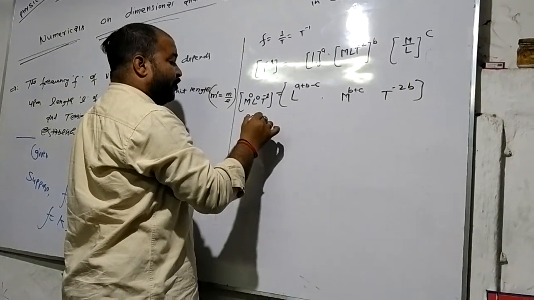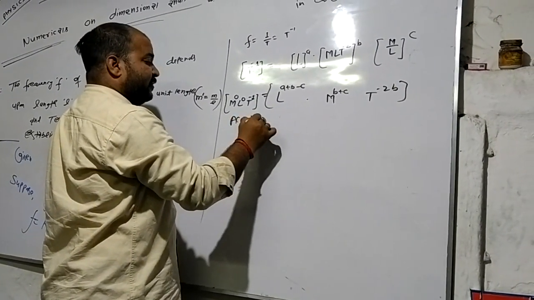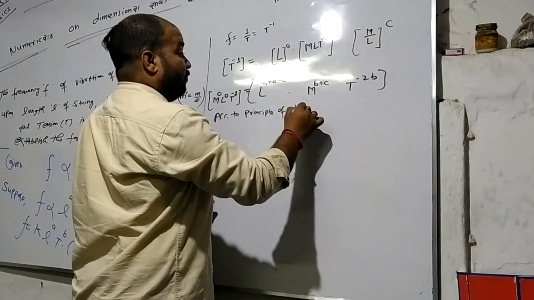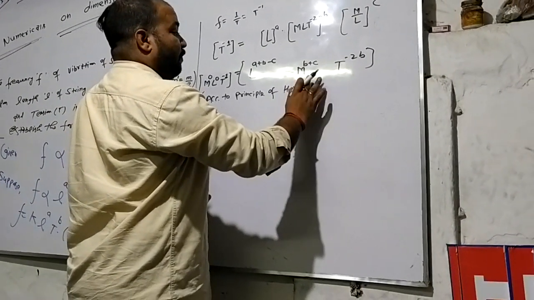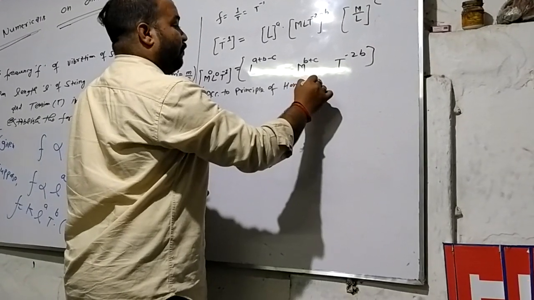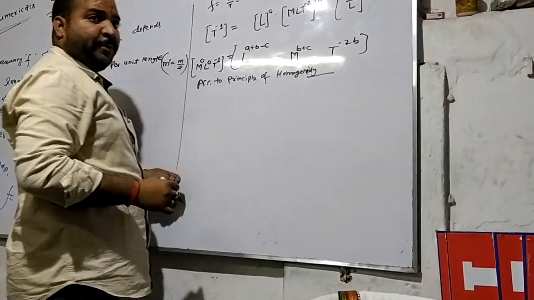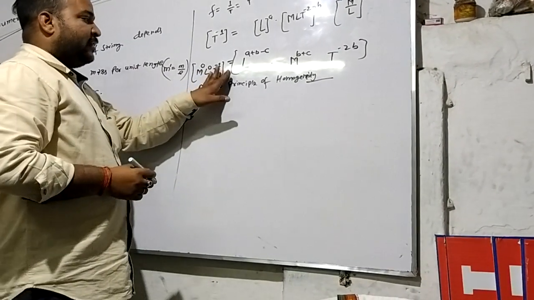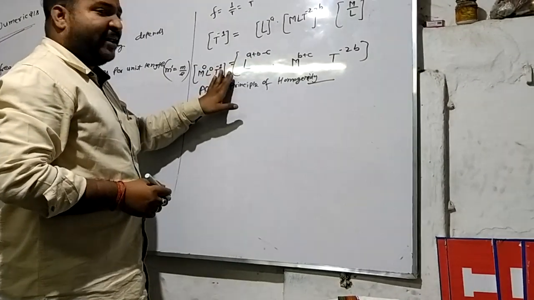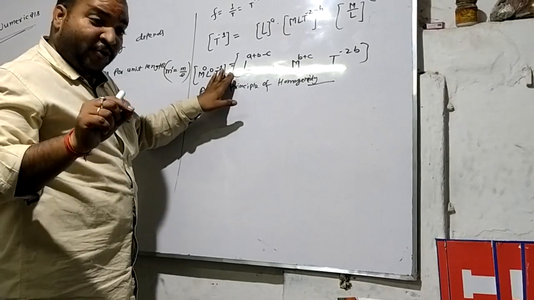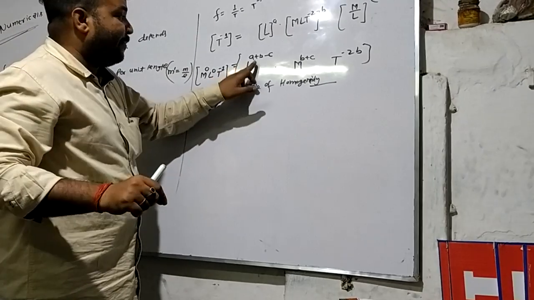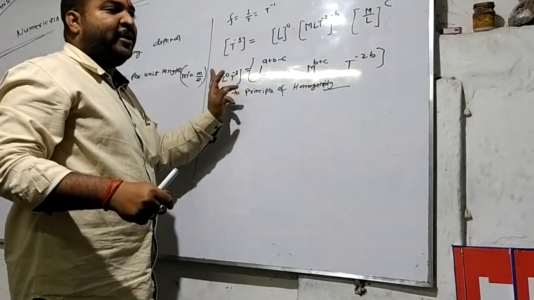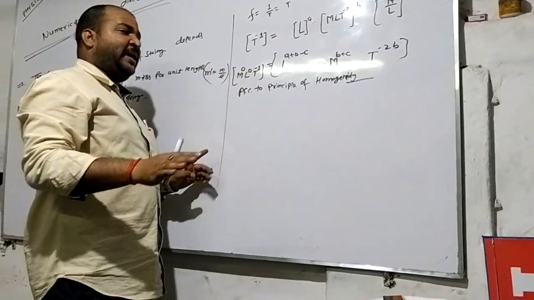According to the principle of homogeneity, which states that the physical relation holds good only if the dimensions, that means the powers of the same fundamental unit, are equal on both sides.